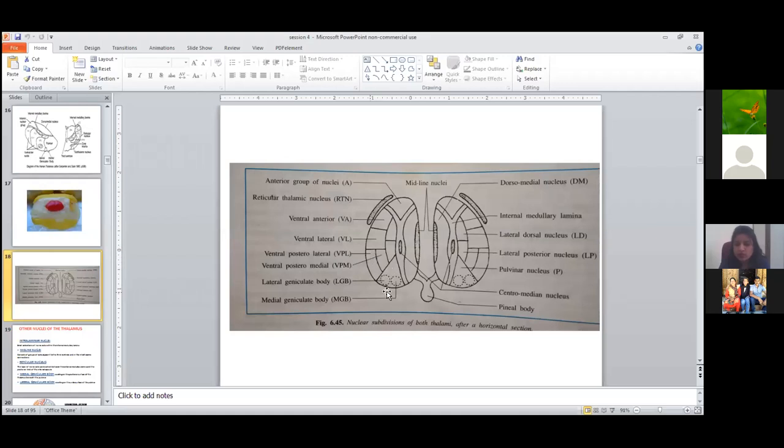Most posteriorly you find the geniculate bodies, called the medial geniculate body and lateral geniculate body, which are related to the auditory and visual systems. Then you have the dorsal medial nucleus, lateral dorsal nucleus, lateral posterior nucleus, and the pulvinar nucleus. I don't think you have to remember all the nuclei, but you should remember that it has been divided into three groups, that is the ventral, medial, and lateral. In turn, all these have been divided into several groups of nuclei.